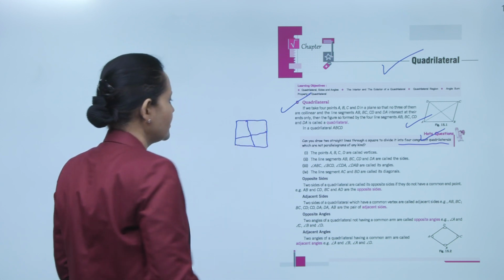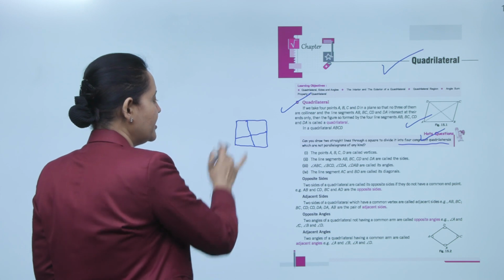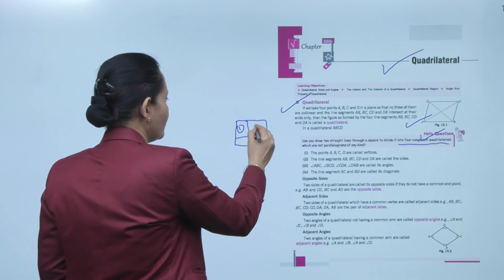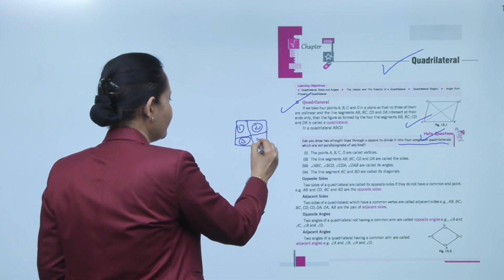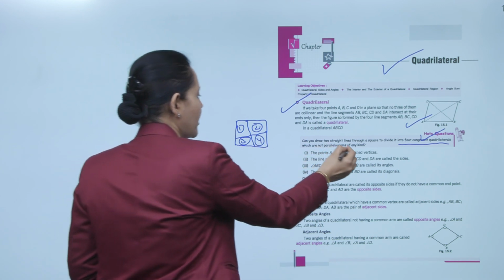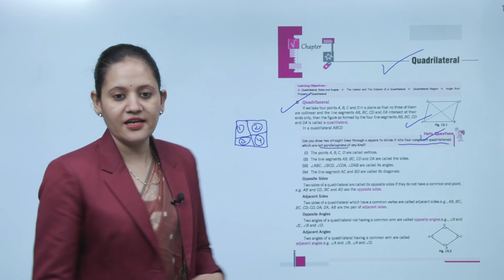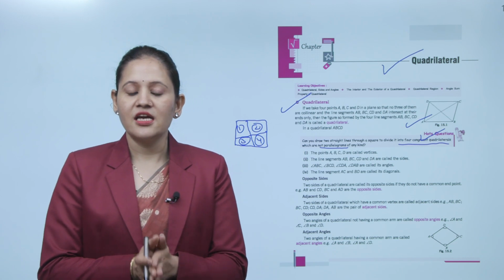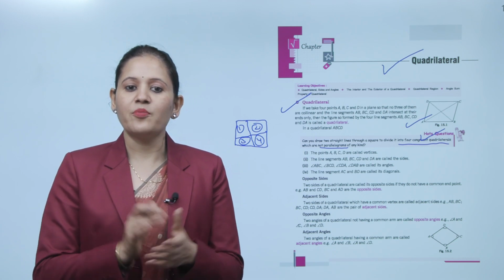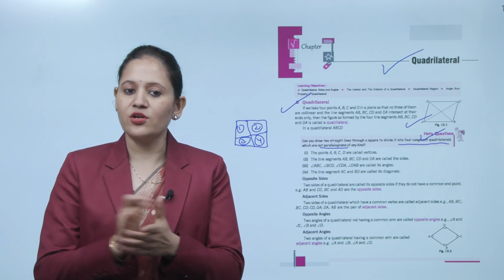So, like this, we have divided it into four quadrilaterals which are not parallelograms of any kind. Clear?